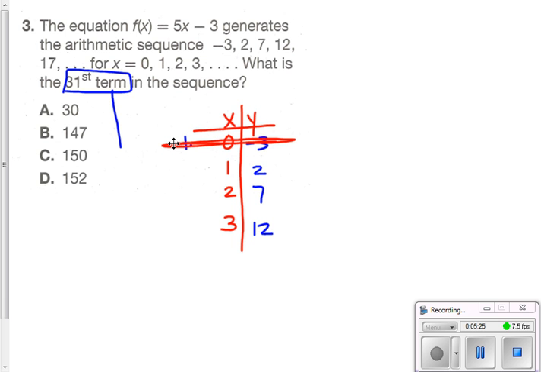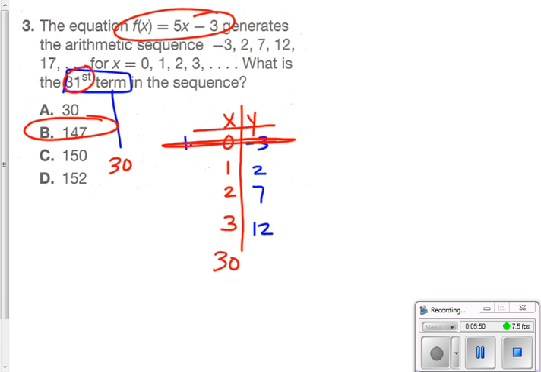So we're going to take that out. If we're taking a term off, you're losing a term from 31. So you're going to have to put 30 in for x, and then you'll figure out your y value. You'll plug 30 into your equation up here. So you have 5 times 30 minus 3. 5 times 30 is 150, minus 3 is 147.